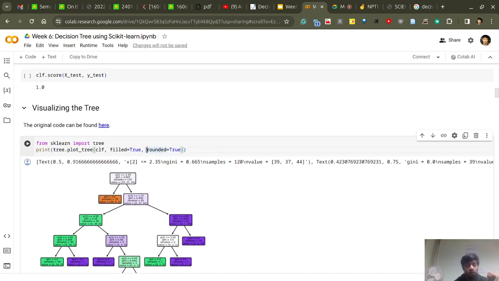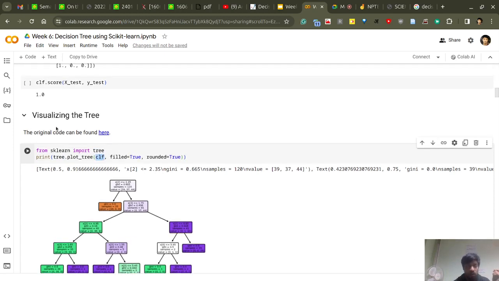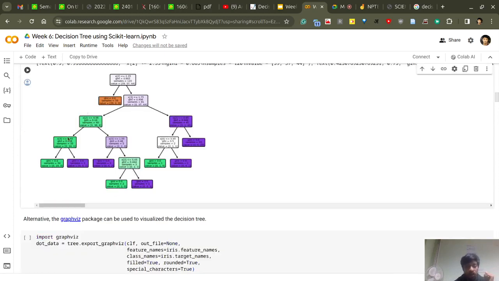This is from the sklearn tree module. You pass the classifier, the trained model, to plot_tree, and you get this kind of diagram.